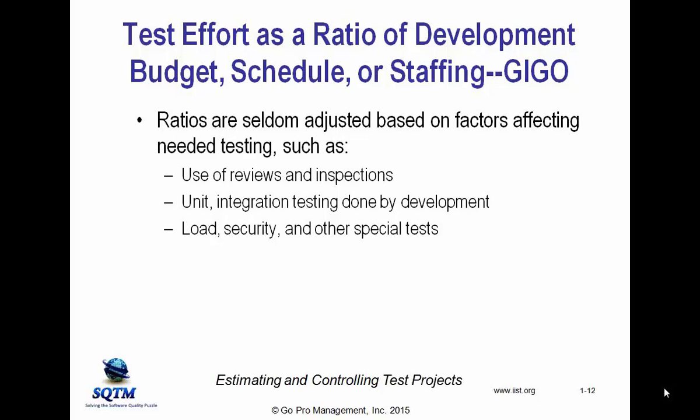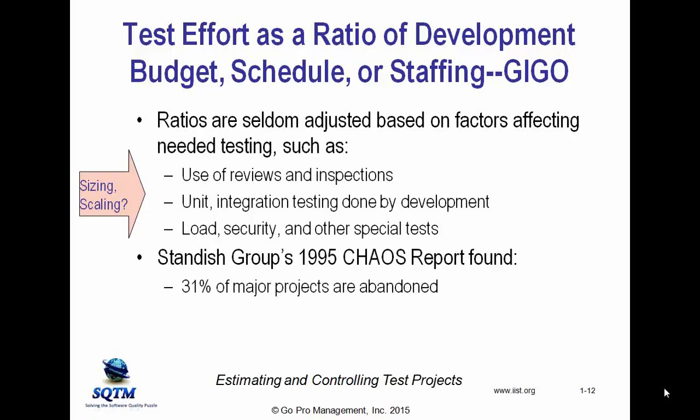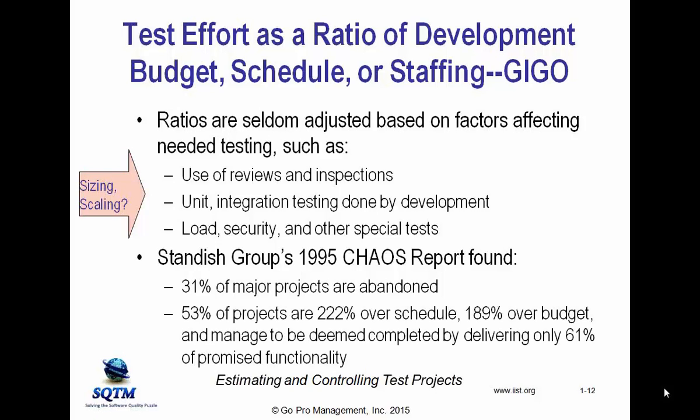Each one of those imposes considerable demands on your testing. These things relate to the sizing and the scaling, and if they're not factored in, you shouldn't be surprised if the ratio or rule of thumb is totally irrelevant.